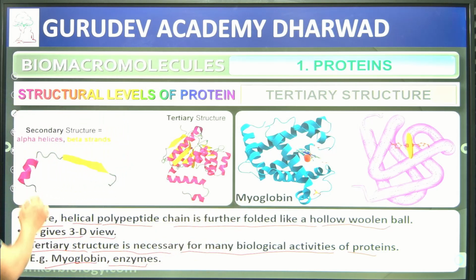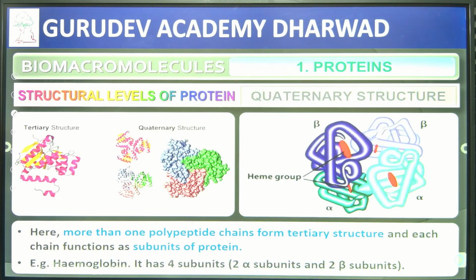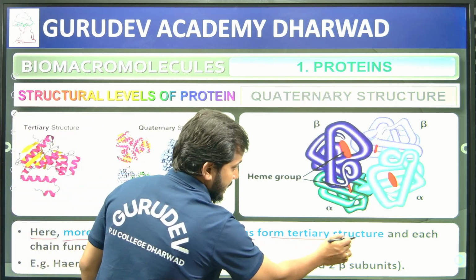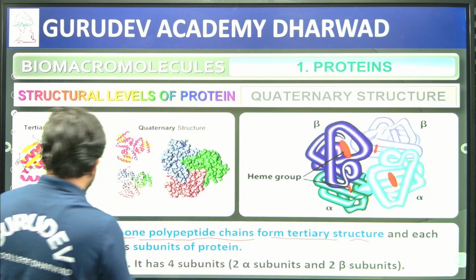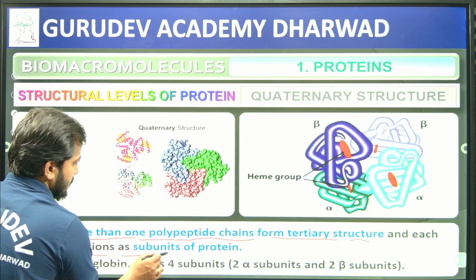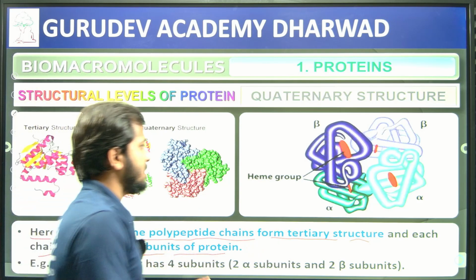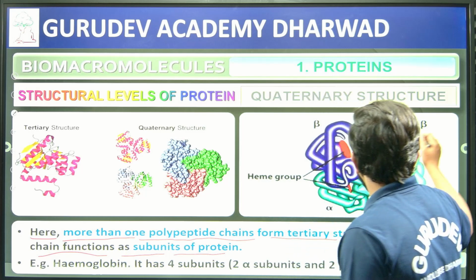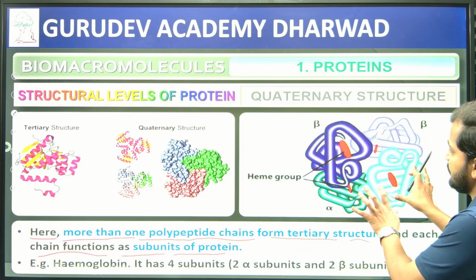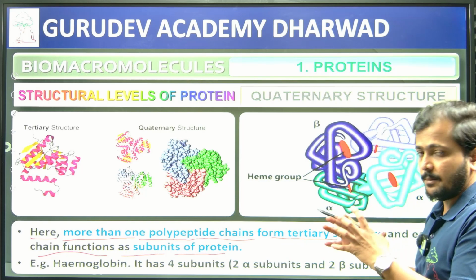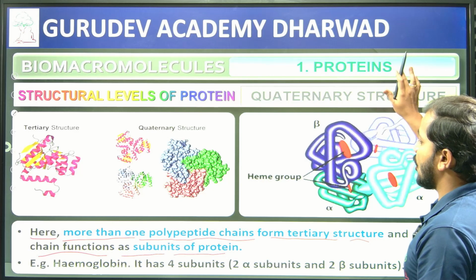So that you should remember. Then there is something called the quaternary structure of protein. Here you will find more than one polypeptide chain forming tertiary structure, and each chain functions as a subunit of the protein. So many structures like beta, alpha came together, four of them came together, mainly the tertiary proteins came together to form a quaternary structure.